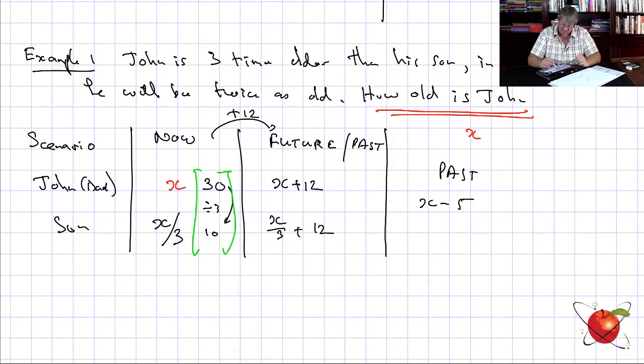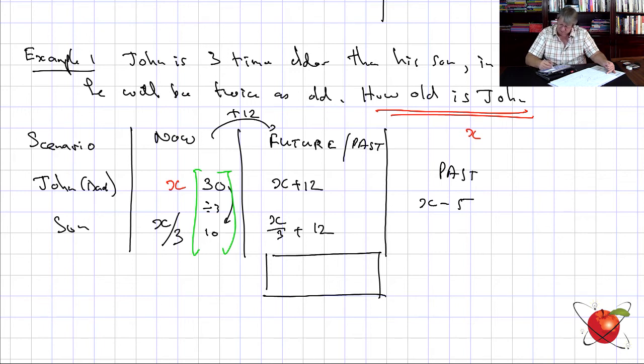Then the last thing they say to us is, what are the ages here? Well, we don't know, so we're going to have to work it out. Look at the information in 12 years. At this point, the dad will be twice as old as him. So what does that mean?